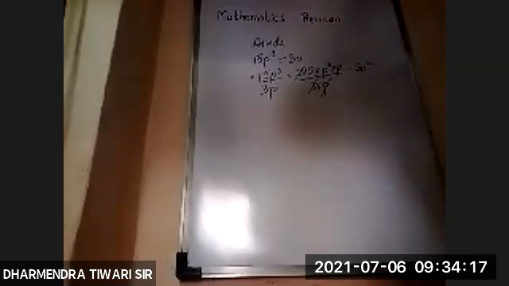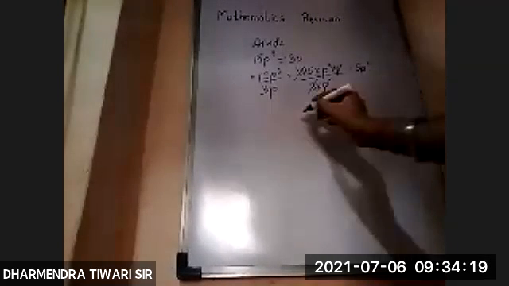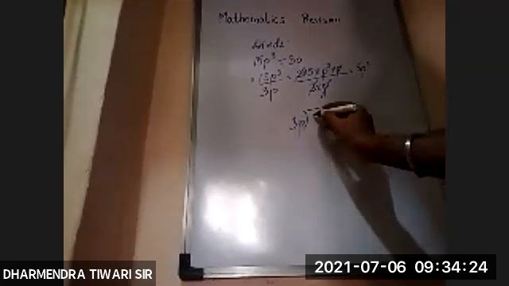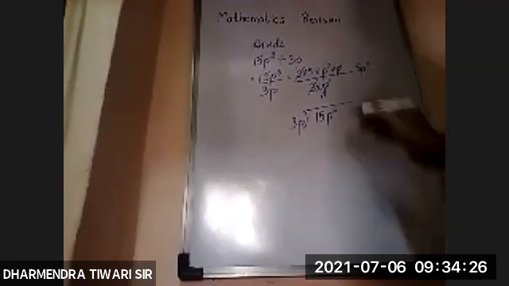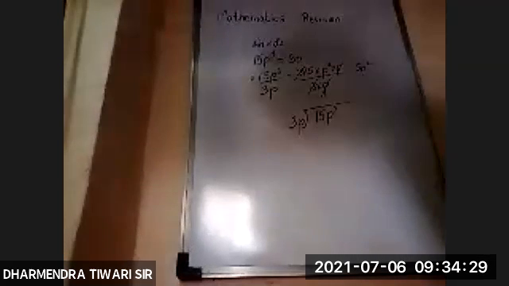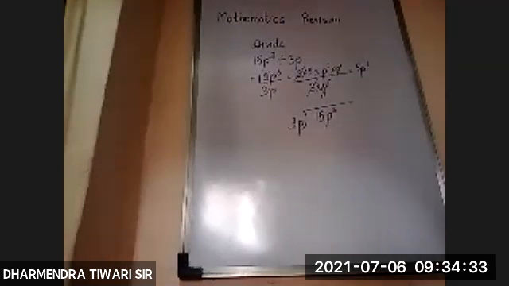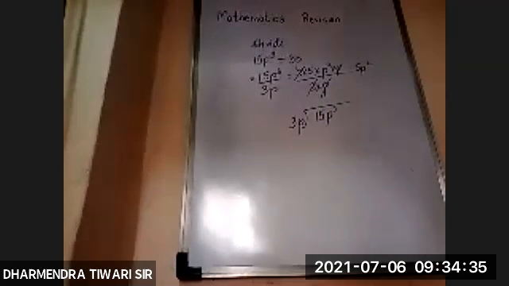And when it comes to division, you can go by this method. Here we are having 15p cube. So our question is that we are having 3p as the divisor, and 15p raised to 3 as the dividend.